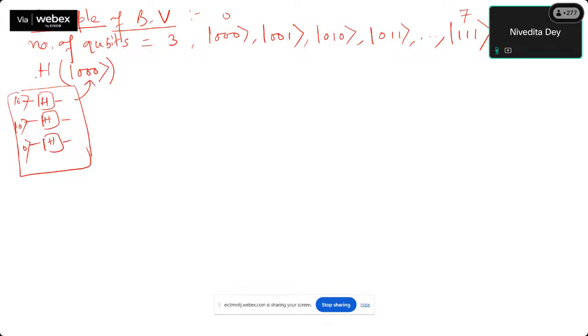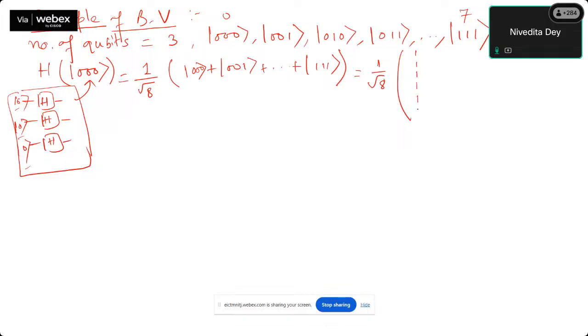On application of Hadamard on the state 000, what we will be getting is some amplitude, which is nothing but 1 over root 8, and then all of these states, 000, 001, likewise till 111, which you can also write in this way, all ones, like 8 ones in a column vector.